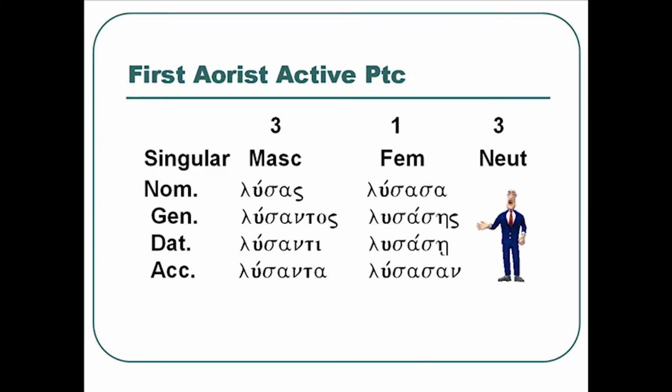For the feminine you have lusasa, lusases, lusase, and lusasan. The simple endings for the first declension, jumping back and forth between the alpha and the eta endings, as we've seen so many times before.